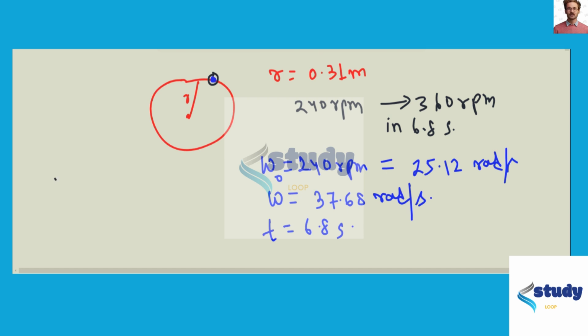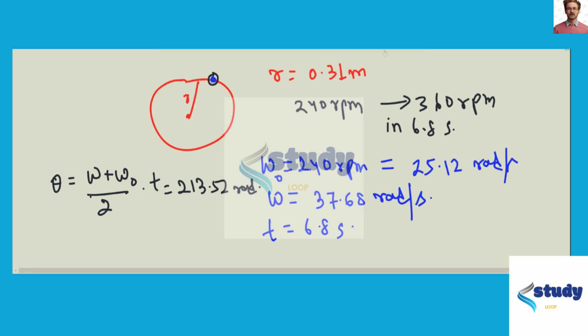To get the angle, we can make use of the kinematic equation (omega plus omega naught) by 2 times t. So when we take the average of omega and omega naught and divide that by 2 and finally multiply that with the time, we get the angle traced here as 213.52 radians.